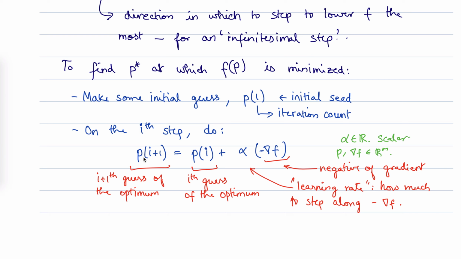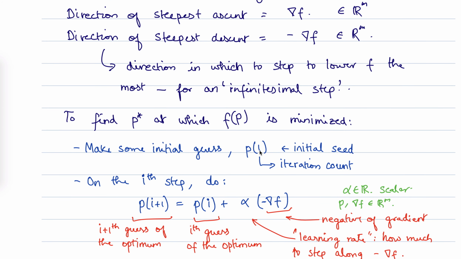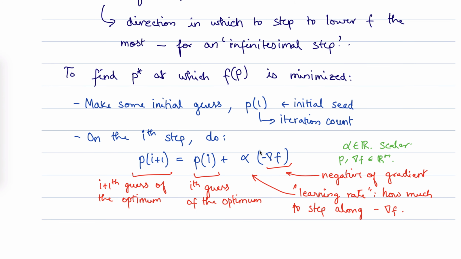And then you get p of i plus 1. Then you keep doing that until some condition is satisfied. For instance, the difference between p of i and p of i plus 1 is not very much, or the function value doesn't change much, etc. Or maybe most precisely, the value of the gradient is very close to zero. If the value of the gradient is very close to zero, then of course we know that we are very close to a minimum.